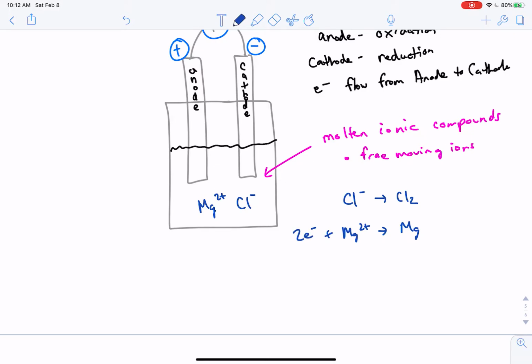Okay. Cl- has to do what? Lose electrons. In this case, you have to put a 2 here, so it loses 2 electrons.